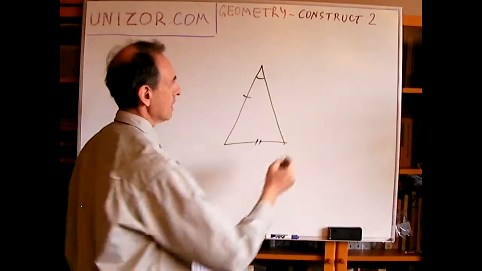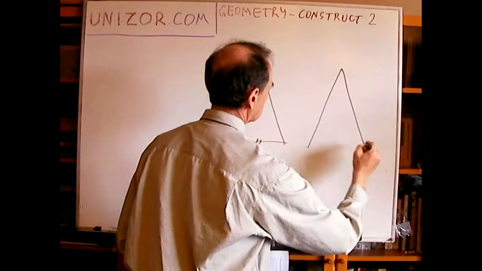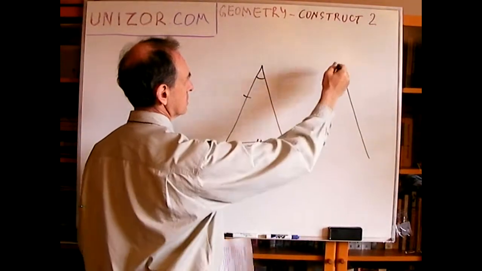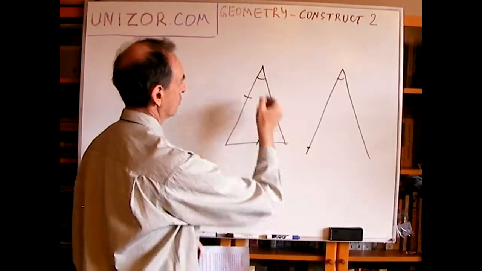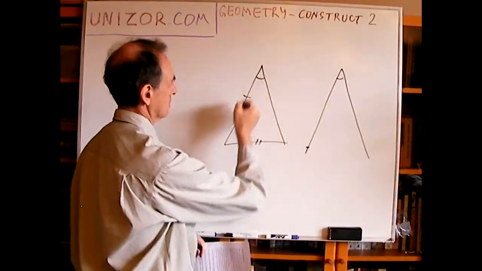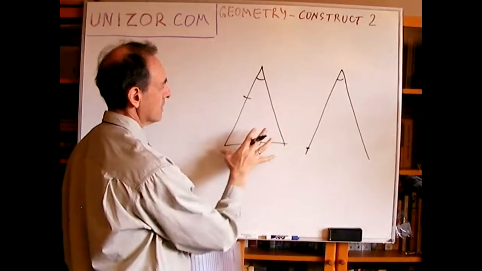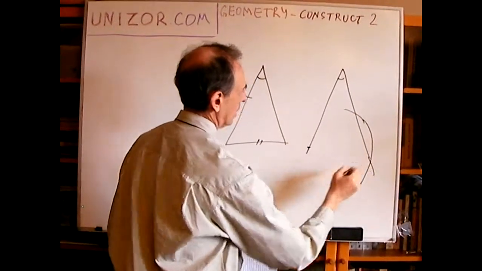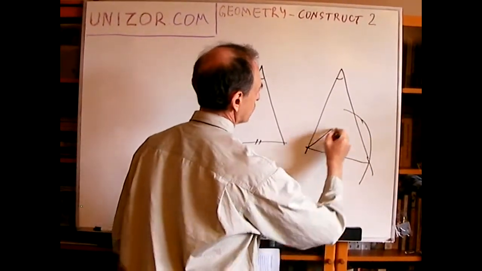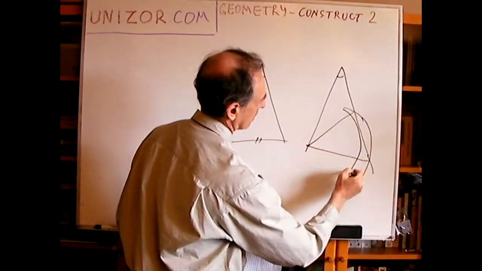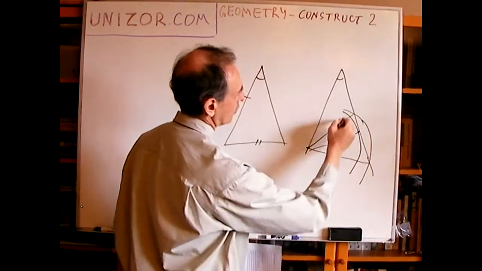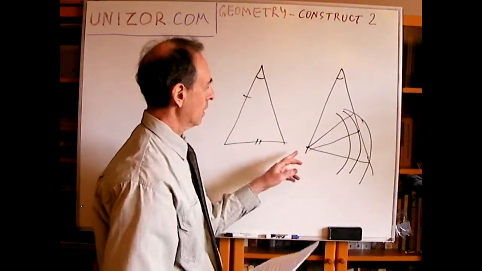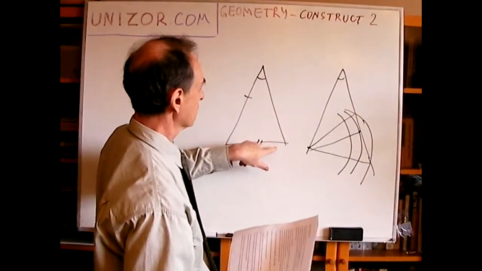Well, here again we will have different problems, different solutions actually. First, you start from the angle and, using the compass, measure your side which is given to you. And then using this radius, you start circling. And now, as you see, we can have either two solutions, or one solution, or no solution, depending on how big this particular side is.